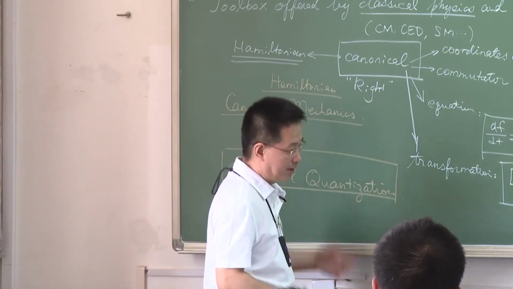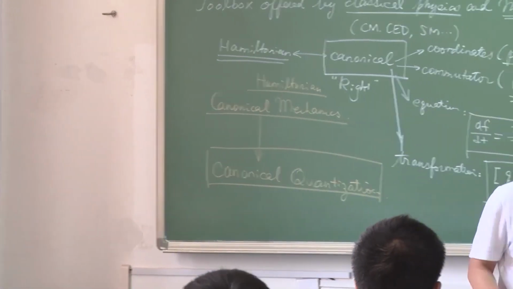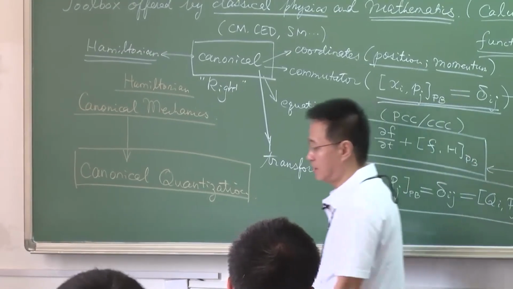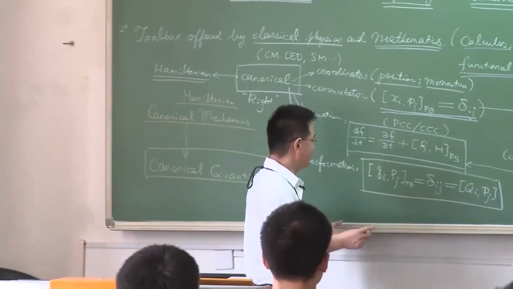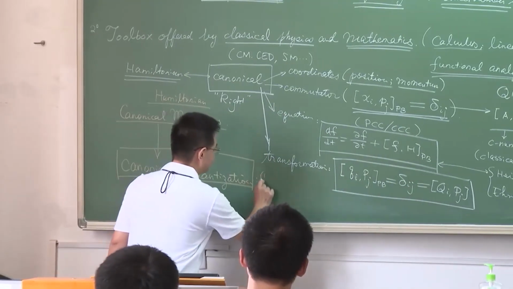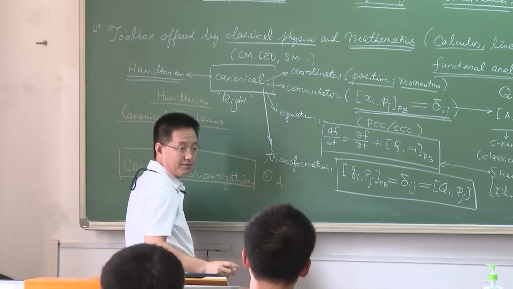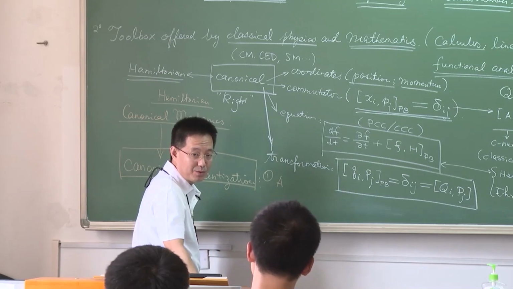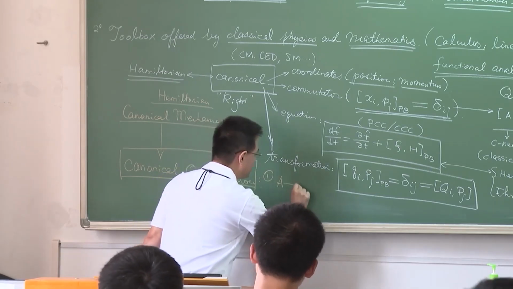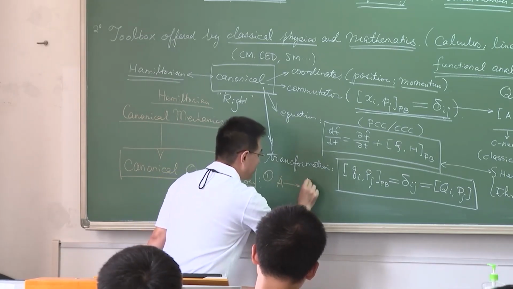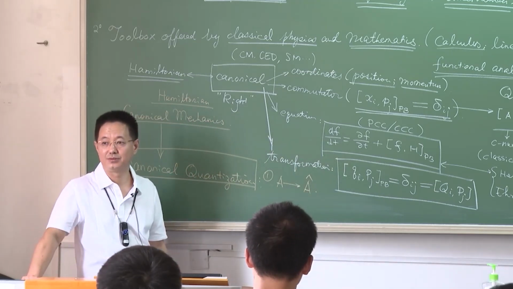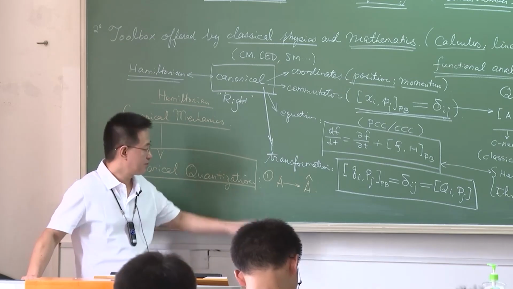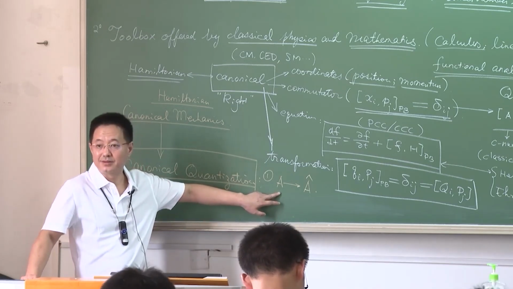Okay, and for the canonical quantization, there are only two things that you should do. The first thing is to make every physical quantity or observable go from a C number to an operator, to a Q number. In classical mechanics, it is a C number, right?